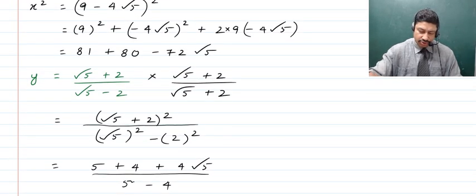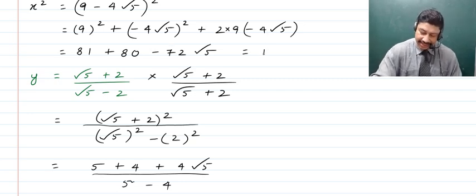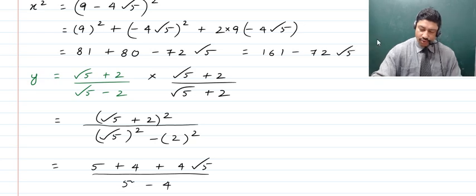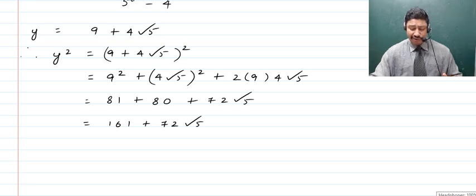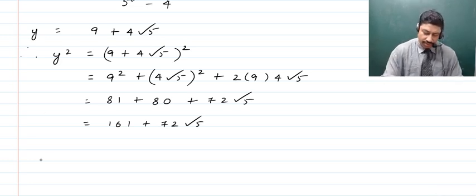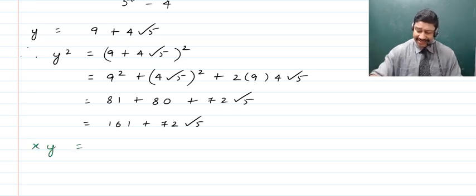Similarly children, we also had the value of x square. So obviously 81 plus 80 makes 161, and minus 72 root 5 was its value. Now remember children, we also require the value of xy. So when we talk about the value of x into y, that is actually the product of x and y.